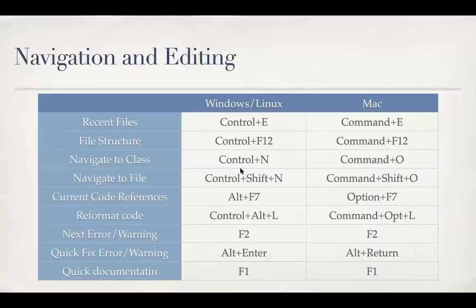Okay, yeah. So coming back here, this is just a very high-level view of some of the shortcuts. For a full list, take a look at a page on Android Studio's website, which will give you a full list of shortcuts.